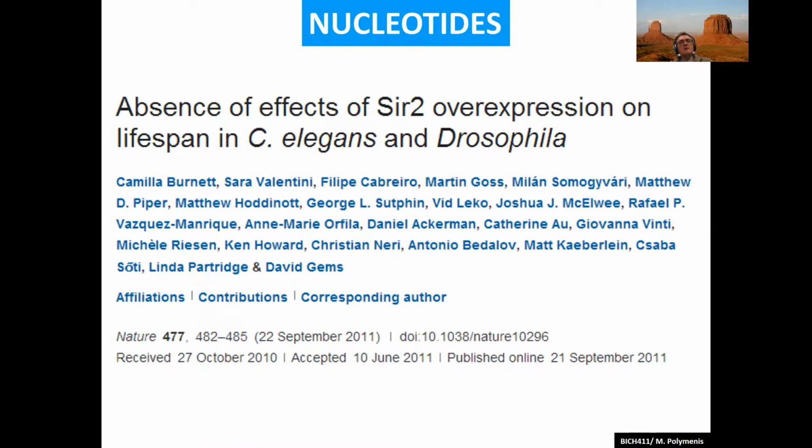It has even been disputed in a super high-profile journal, Nature, published almost 10 years ago, that the original results were flawed, so the activators were not working. And the same authors were also saying that if you overexpress or you activate, you give more sirtuin to the cell, you will live longer. That's not even true. In all these organisms, it had no effect.